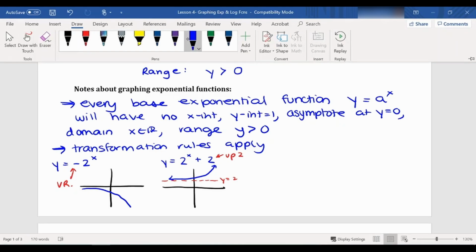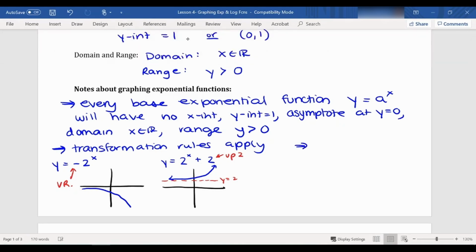The other type you might see is if you have some y equals 1 over a to the x, meaning the base of your exponent is a fraction, this is still going to look like the true graph, but decreasing.